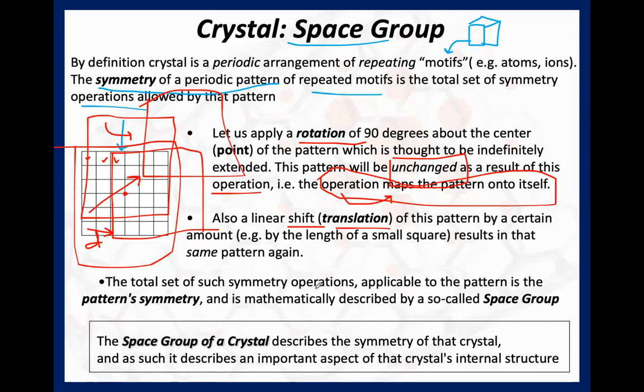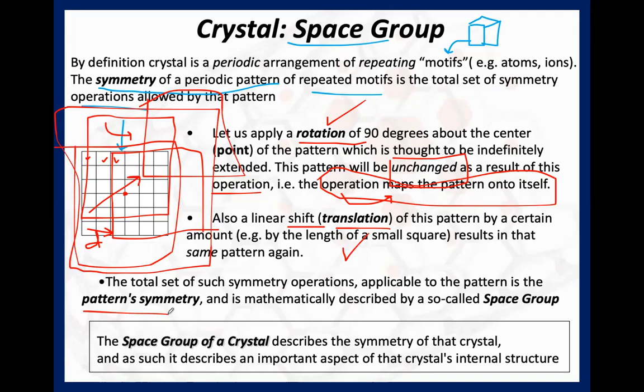So these are the symmetry operations that we can do for a crystal, and these operations will not change its symmetry. We call this the space group: it is not distorted by its symmetry operations, that means rotation or translation. So we describe the pattern as having rotational symmetry as well as translational symmetry.